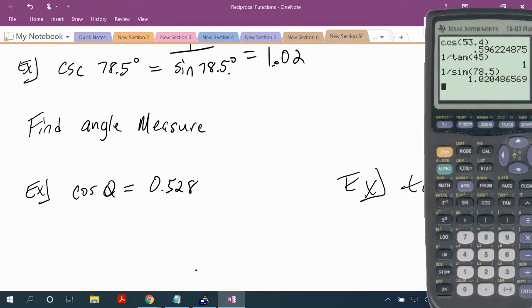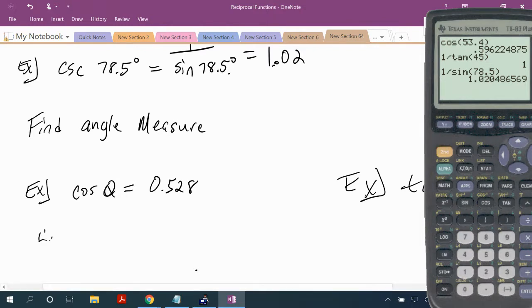From algebra, we have the property of equalities, which states that when you do something to one side, you must do the exact same thing to the other side. So here I'm going to take the arc cosine of both sides. Now, this is very rarely seen in textbooks for whatever reason.